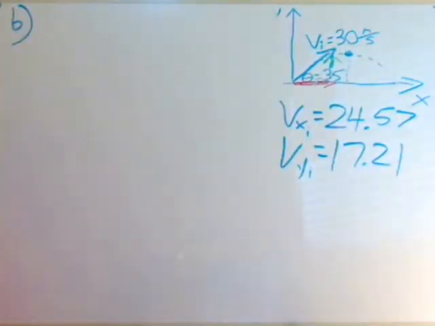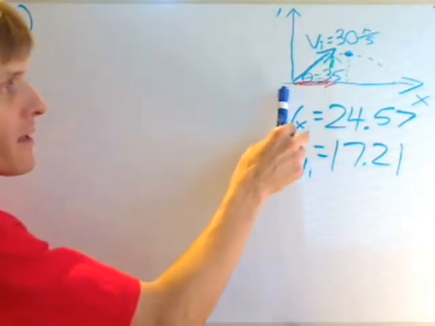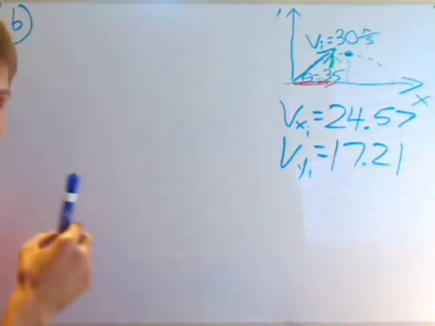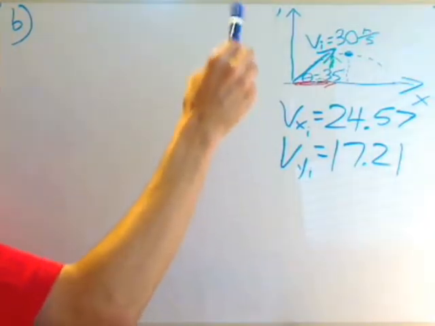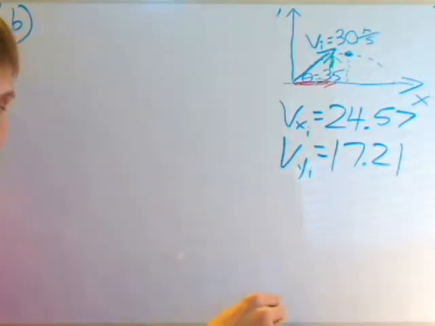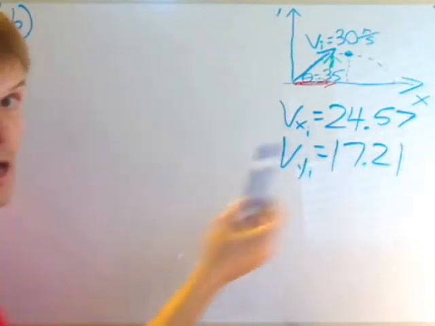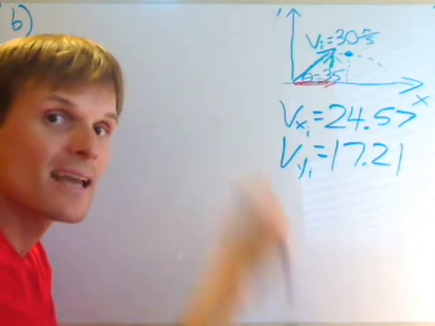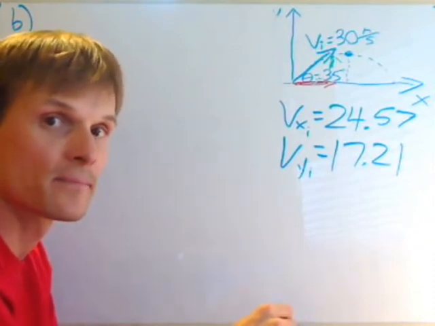Perhaps the simplest way to solve this is to remember that if you throw something straight up with 17.21 meters per second velocity, when it comes back down and hits the ground, it's going to be traveling downward at the same speed, but with a negative velocity, negative 17.21.